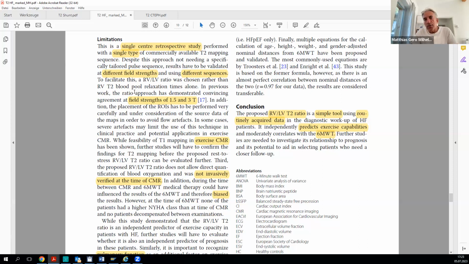You already said that we do not know to what extent it reflects oxygenation, and T2 is even less specific for oxygen than T2 star. So do you have any concerns about confounders such as hemoglobin, hematocrit, and stuff? Have you looked at that?